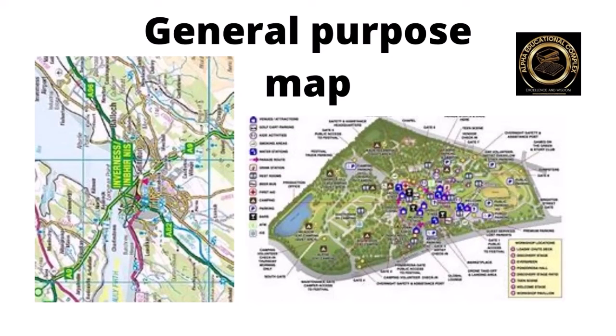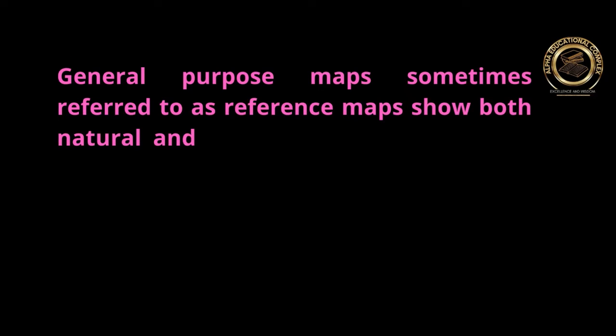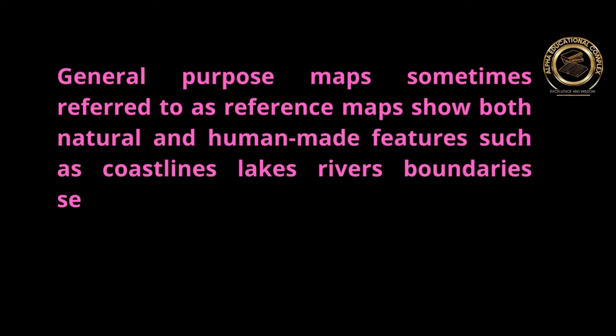Now, let's look at composite maps or general purpose maps. These are types of maps which talk about more than one topic. They portray more than one piece of information.